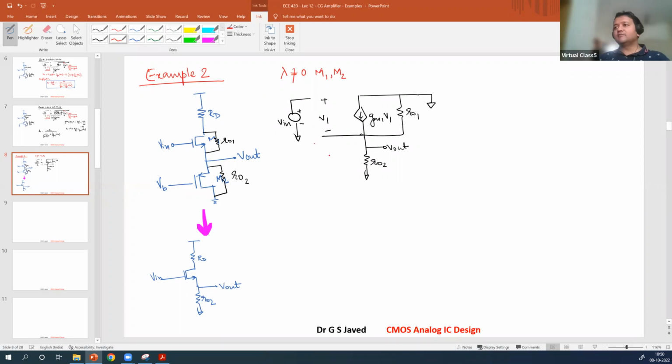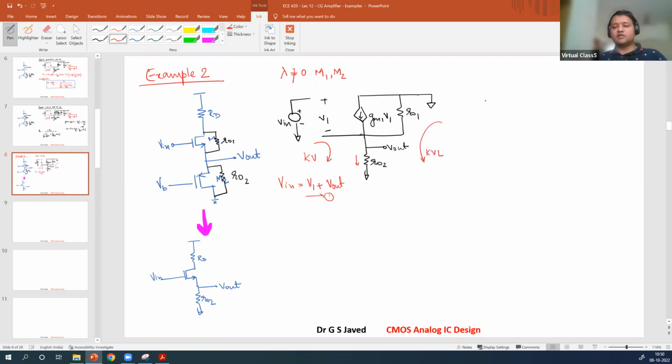Easiest is KVL. By KVL here, this value is the sum of this value to the source. Vin is equal to V1 plus current through this I0 R0 will be given, or this value is Vout itself. That is one equation. The other KVL you will apply here.